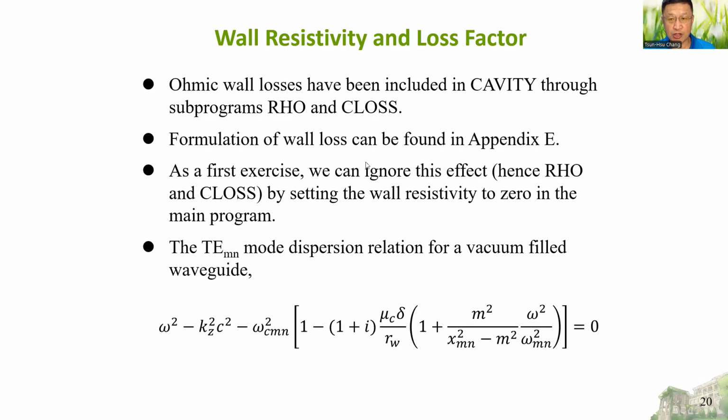Formulation of the wall losses can be found in Appendix E, and if possible, you should study it by yourself. As a first exercise, we can ignore this effect to simplify the result. Hence, rho and C loss, by setting the wall resistivity to 0 in the main program to simplify the calculation.